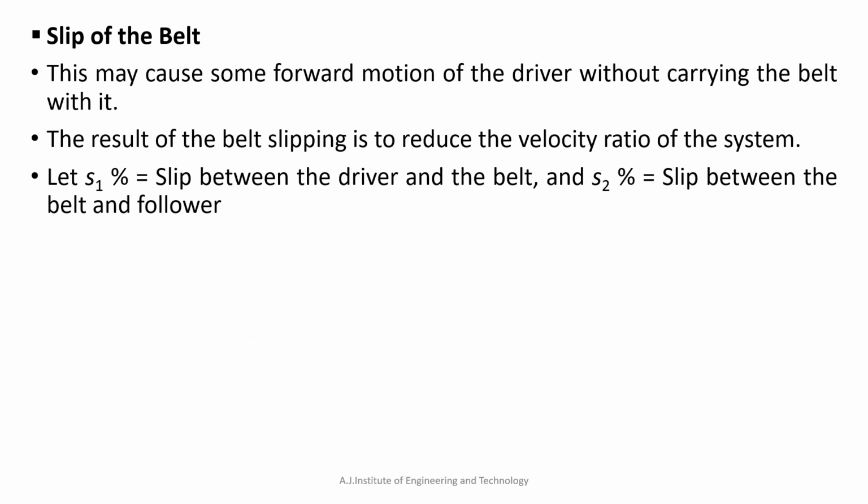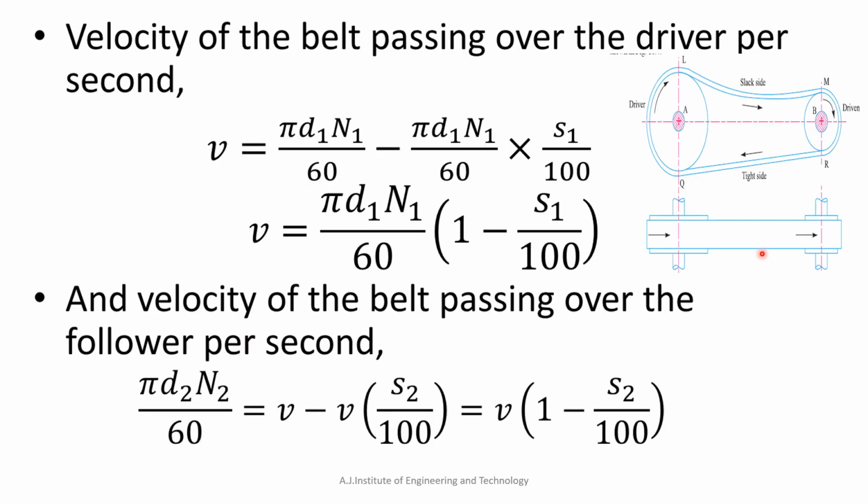I will explain clearly what that is. Here the power transmission takes place from this pulley to the belt. Then the belt carries the power and transfers it to this pulley. Initially power transmission takes place from this pulley to the belt, then from the belt to the driven pulley. So slip occurs in two cases.